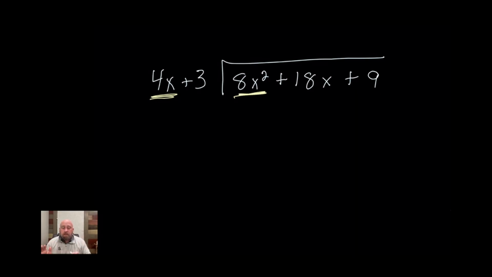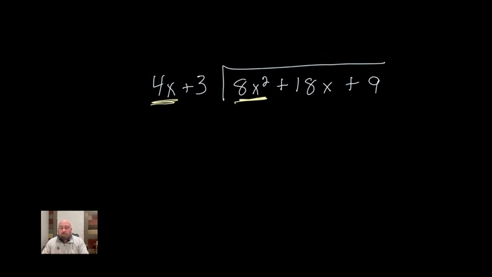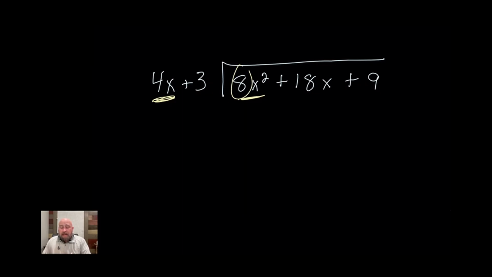First into first. In other words, you're saying 4x goes into 8x squared how many times? 4 goes into 8 2 times. Now, this is important. Where do you write this? You might be thinking, I just write it here, so 4 goes into 8 and x goes into x squared x times, and you'd subtract the exponents, 2 minus 1, so you get x.